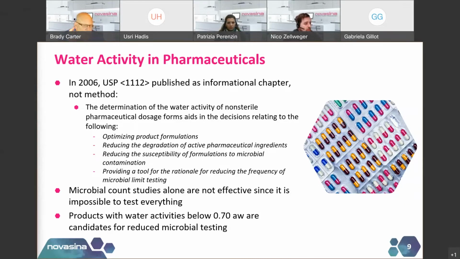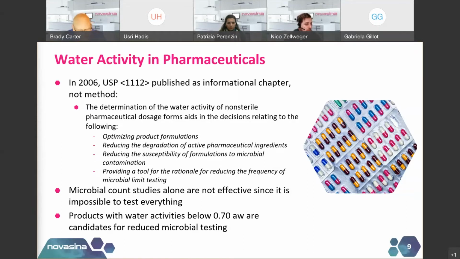And that was really the biggest part of it, because up to this point, the only way that you could assure the microbial safety of your pharmaceutical product was to do a microbial challenge study. So basically, you're looking at your product, and you determine whether or not there's any kind of microorganisms present, and you have to prove that there are not, and then that would make it safe.